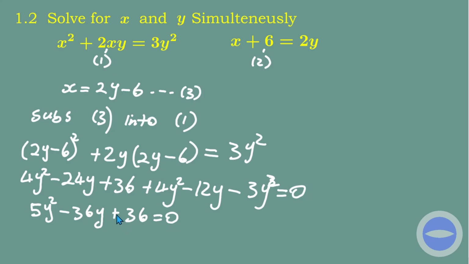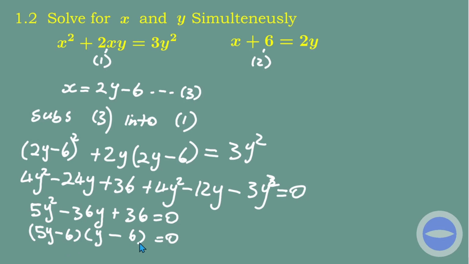This is the same as that one. If you have positive here and then negative in the middle, your factors will both have negative signs. So my factors are 5y and y, 6 and 6. They both have negative.